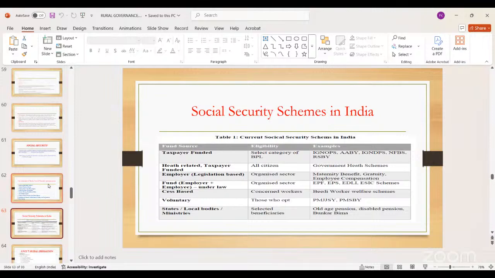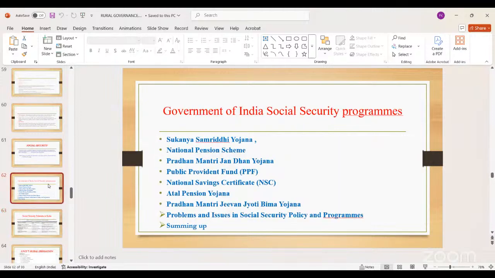Then now come some schemes related to social security by the government of India. So we'll just quickly go through some important features of these schemes. Okay, so number one is Sukanya Samriddhi scheme. So what is Sukanya Samriddhi scheme?